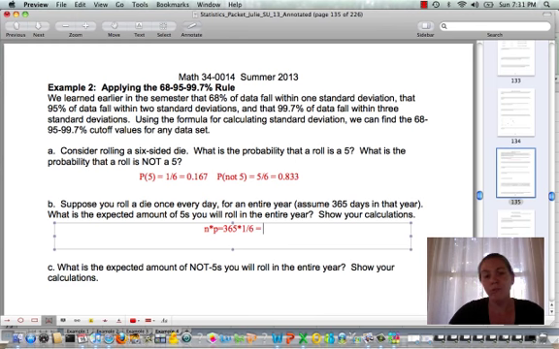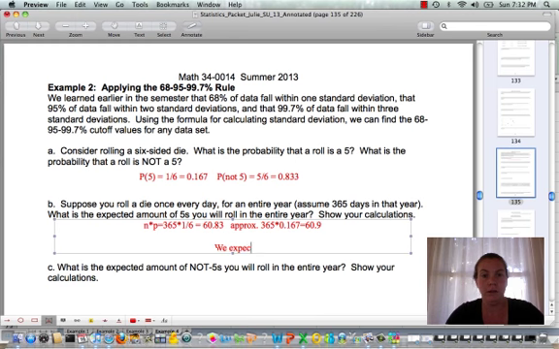So remember, if you use the decimal approximation, you're going to get a slightly different answer. So it's going to be more accurate to use the fraction on your calculator. So we expect in an entire year to roll 60.83, or about 61 5s.